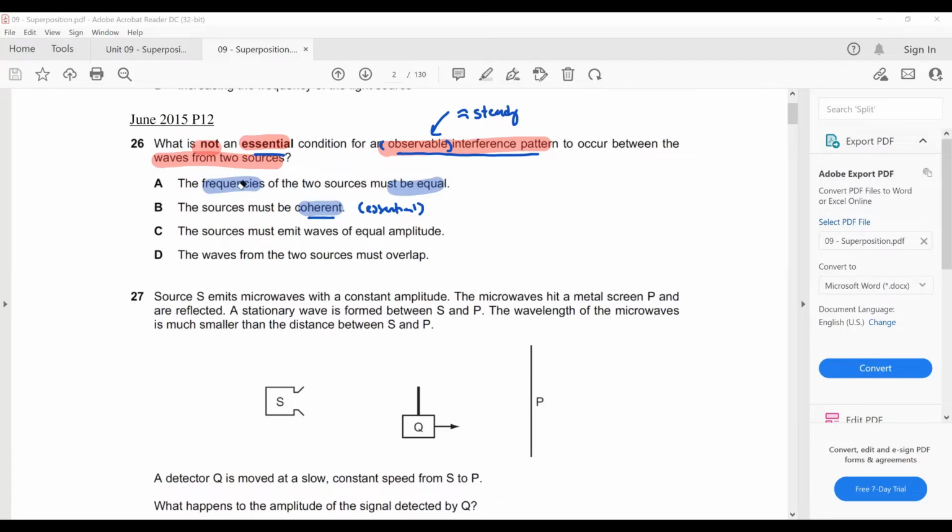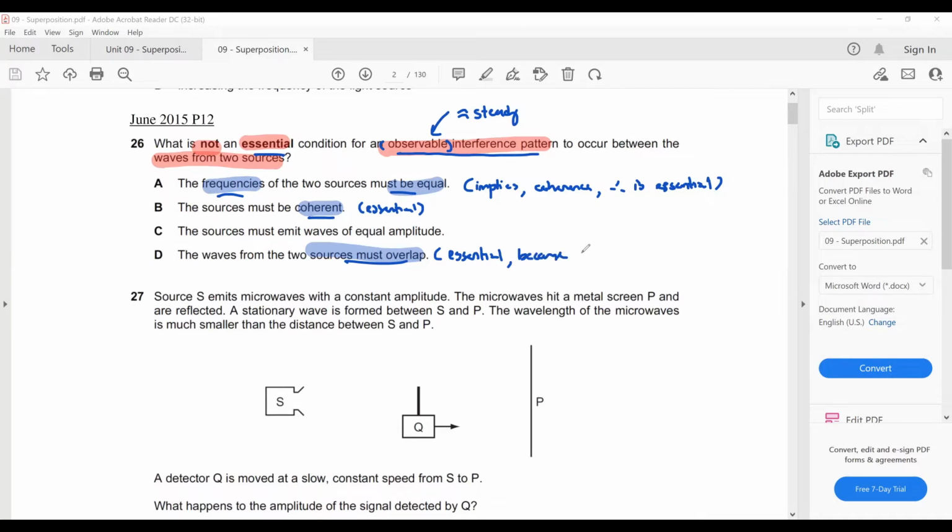If they tell you frequencies of the two sources must be equal, this one already implies coherence, therefore is essential. And then if you look at answer choice D, the waves from two sources must overlap. This one is also supposed to be essential.